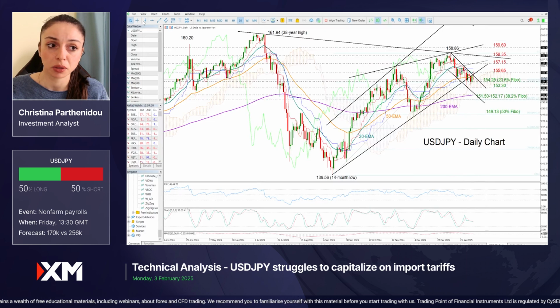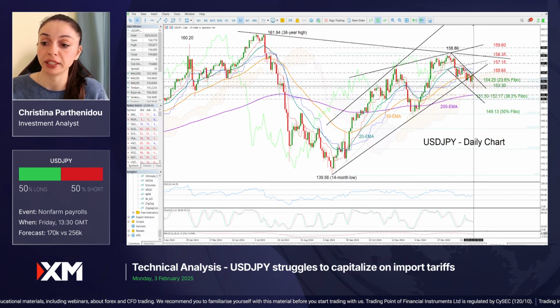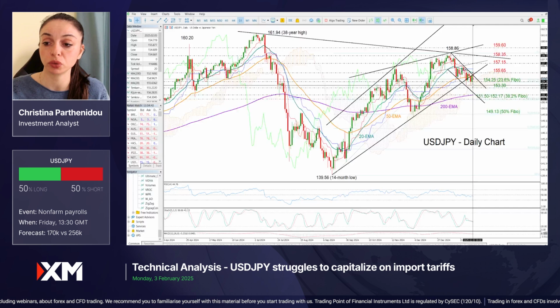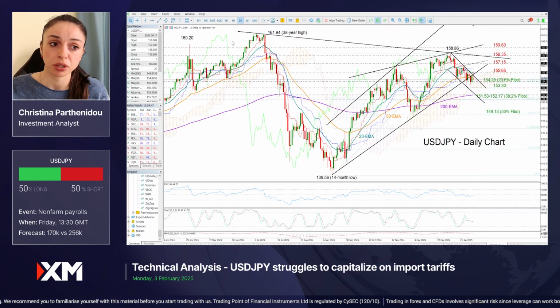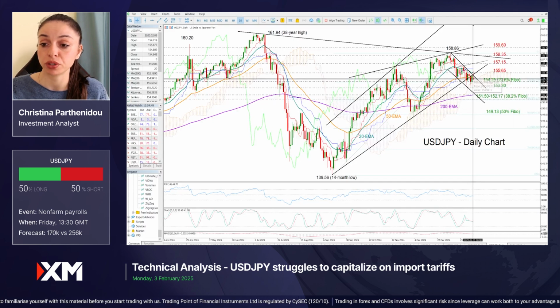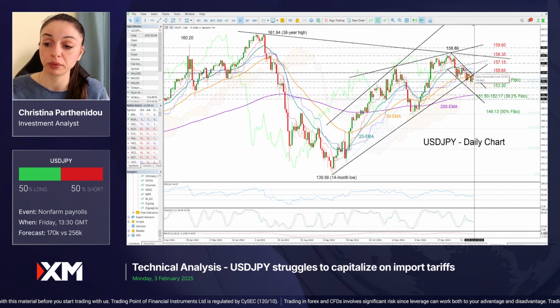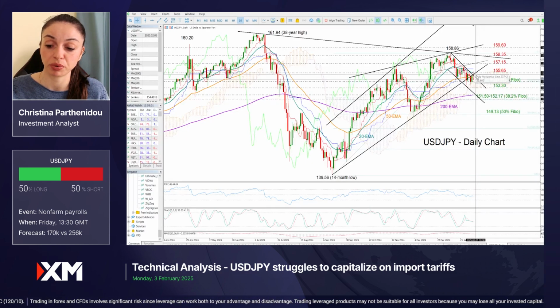So what could help dollar yen to gain extra positive momentum and break key boundaries? Probably stronger than expected Nonfarm Payrolls report and improving business sentiment as probably reflected from the ISM business PMI figures could provide some extra bullish fuel to this pair.